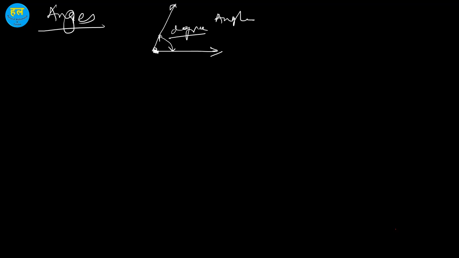The starting point of the angle is called vertex, and these two rays are called arms. In angles, these rays or arms can be in any direction. So according to their directions, we have different names for these angles. First, it is acute angle.